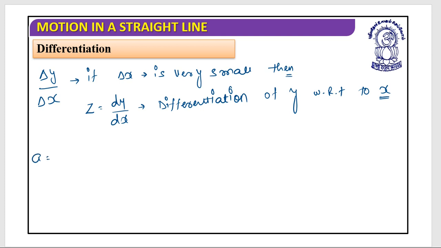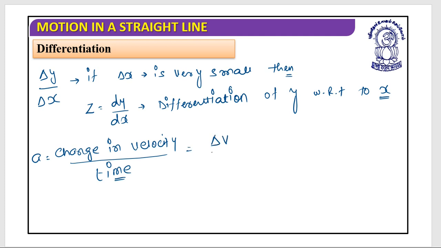One more term. Let's look at this. We know that acceleration is equal to change in velocity divided by time. So you can write a is equals to delta v by delta t. Now if this delta t is very small, then I can write a is equals to d by dt of v.